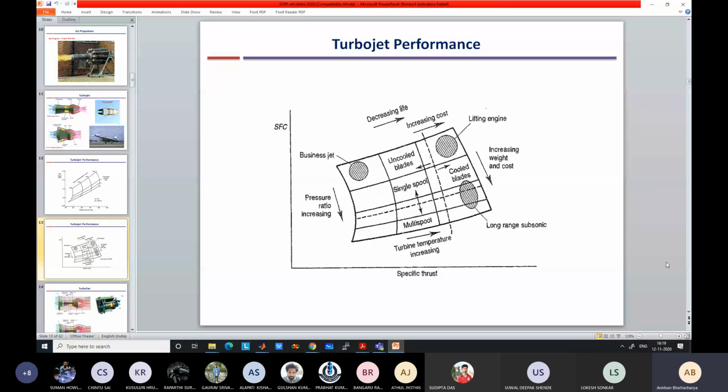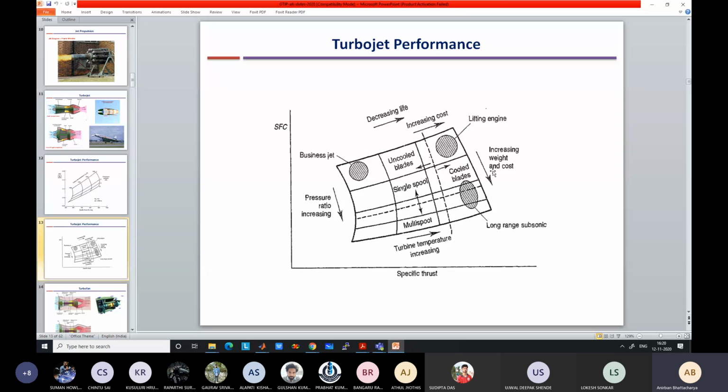So this is why I am telling all these things, these different types of two spool, one spool, uncooled blade, cooled blade, because once you look at the performance map and you have decided that we want to develop a passenger aircraft. Say Boeing has decided that we want to develop a new passenger aircraft for long distances.